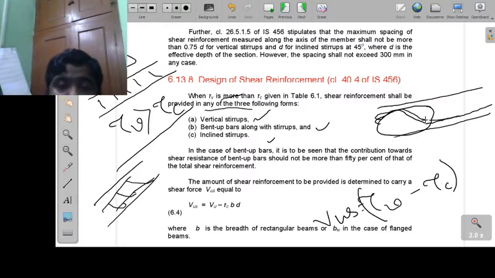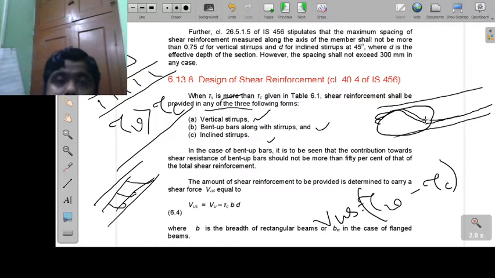Now another condition is given in the same code, that is clause number 40.4. It says that where bent up bars are provided, their contribution towards shear resistance shall not be more than half that of the total shear reinforcement.